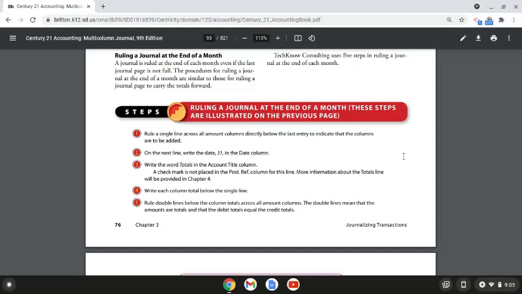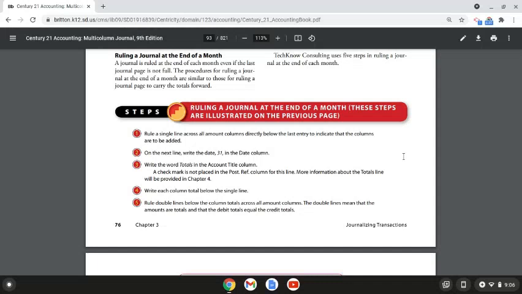Then on the next line, we write in the date, which is the 31st, in the date column. Then we write the word totals in the account title column. And a check mark is not placed in the post-reference column for this line. More information about the totals line will be provided in the next chapter, which will be Chapter 4.